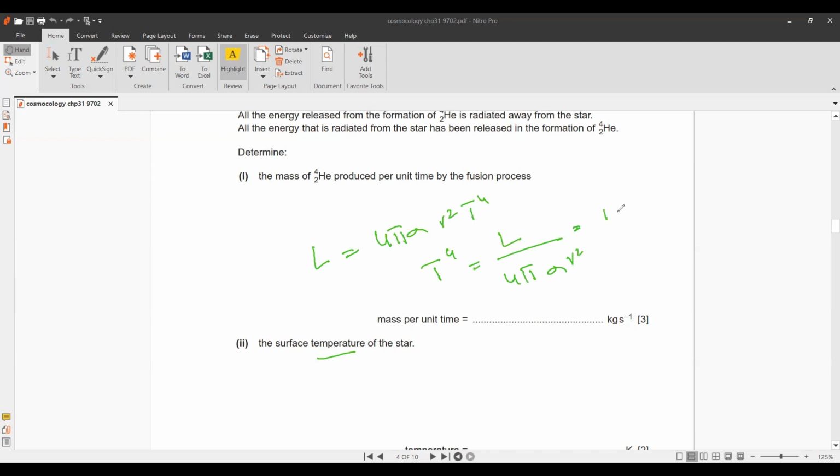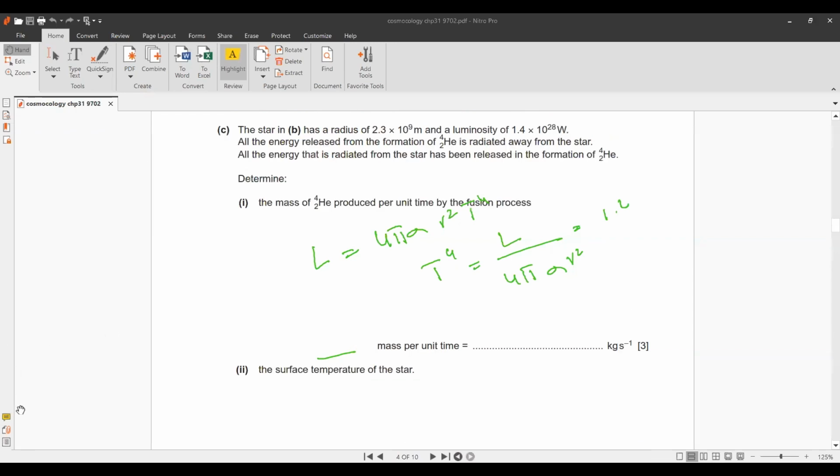What was the value of L? Okay, I can see it now.